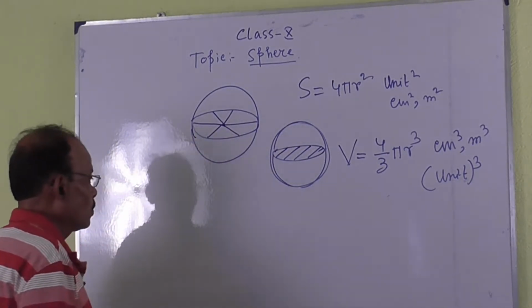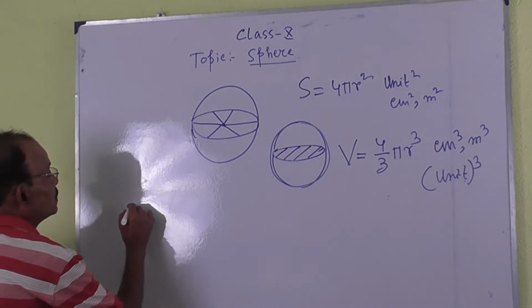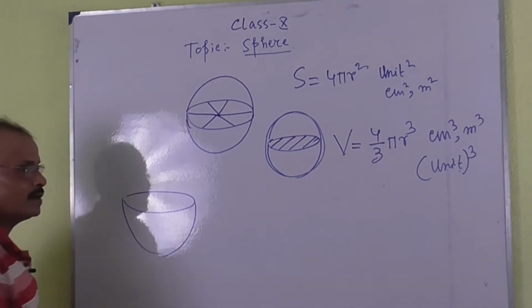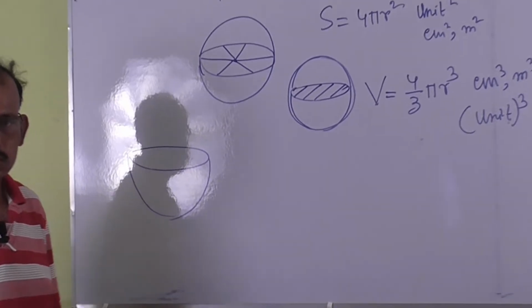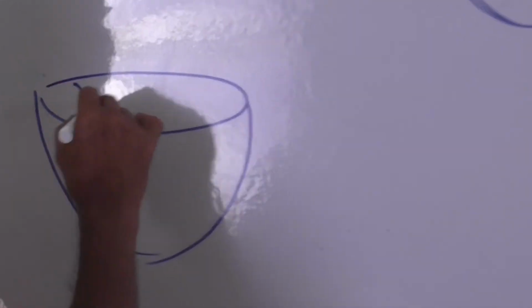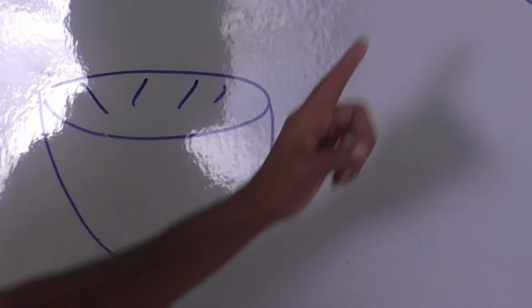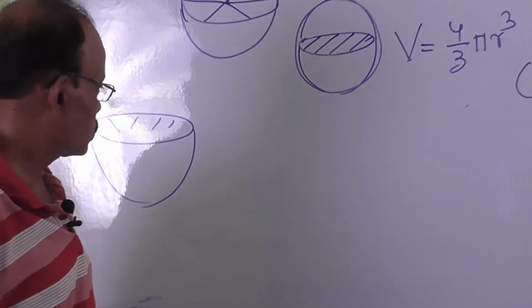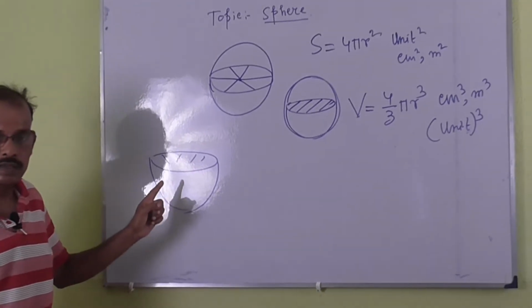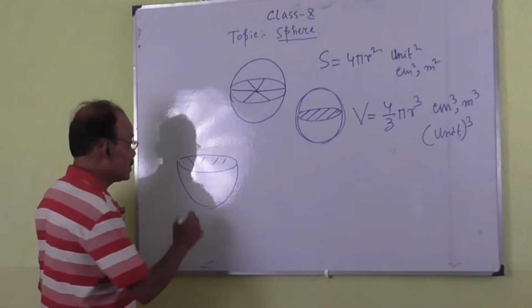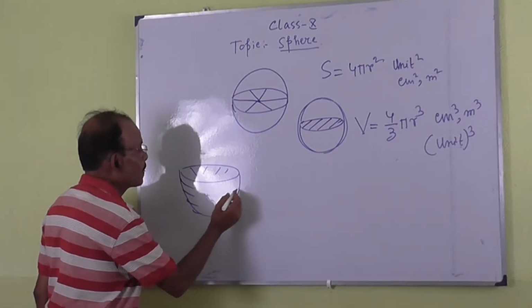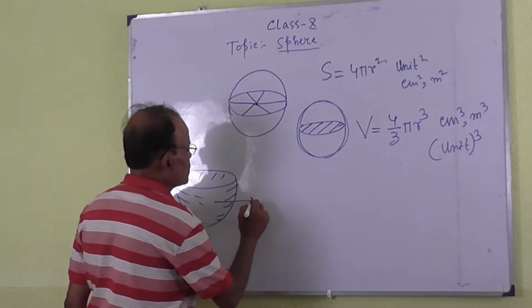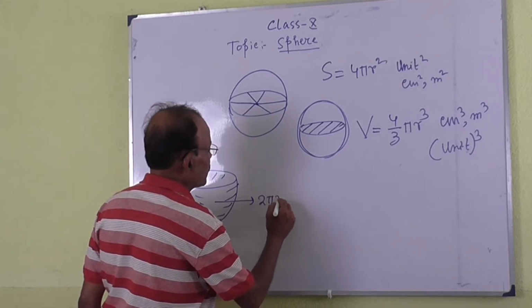Now, if this is a hemisphere, it is a ball. Okay. The surface area of the sphere is 4 pi r square, so for the hemisphere, its surface area is like this, 2 pi r square.